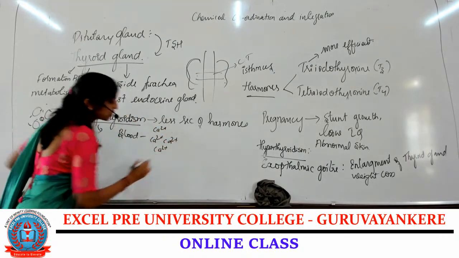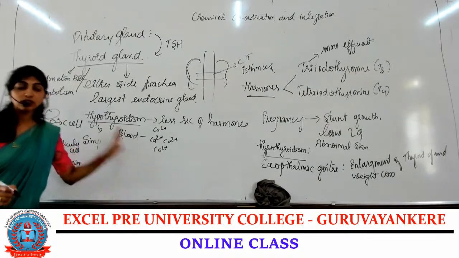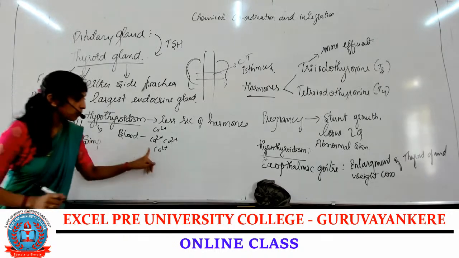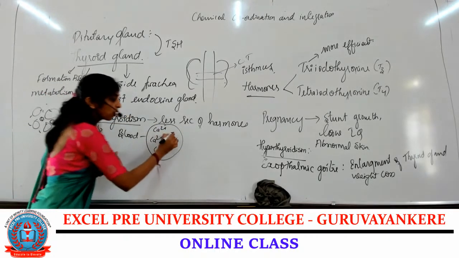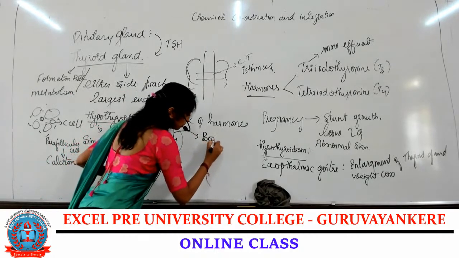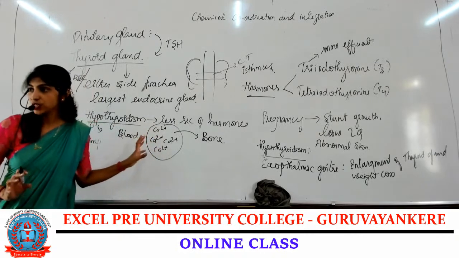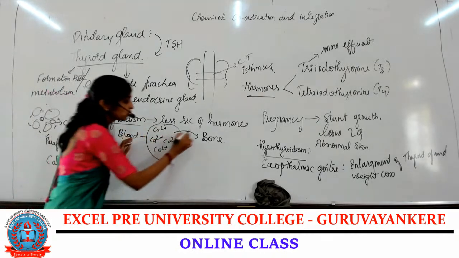When the amount of calcium is more, the thyroid gland secretes calcitonin. This calcitonin will deposit this calcium from the blood to the bone. It will take most of the excess calcium from the blood and store it in the bone.